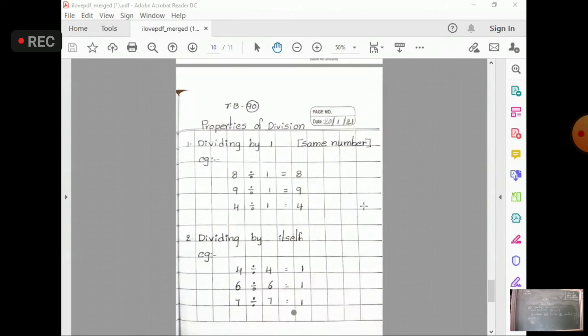Okay, if you not complete, take screenshot. I'm going to next page. Couldn't complete, take screenshot. I'm moving to the next property, Nana. Okay.